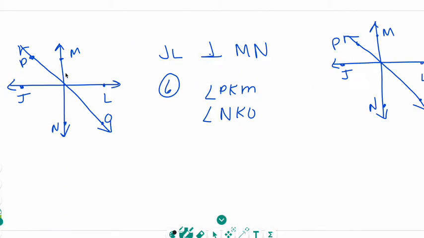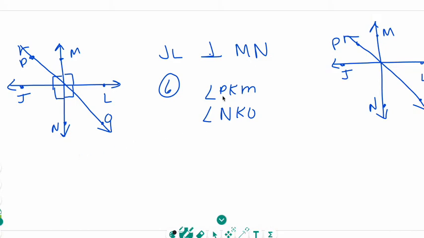New diagram. We are looking at line JL. Line JL is perpendicular to line MN, okay? Which means that's going to form 4 right angles.